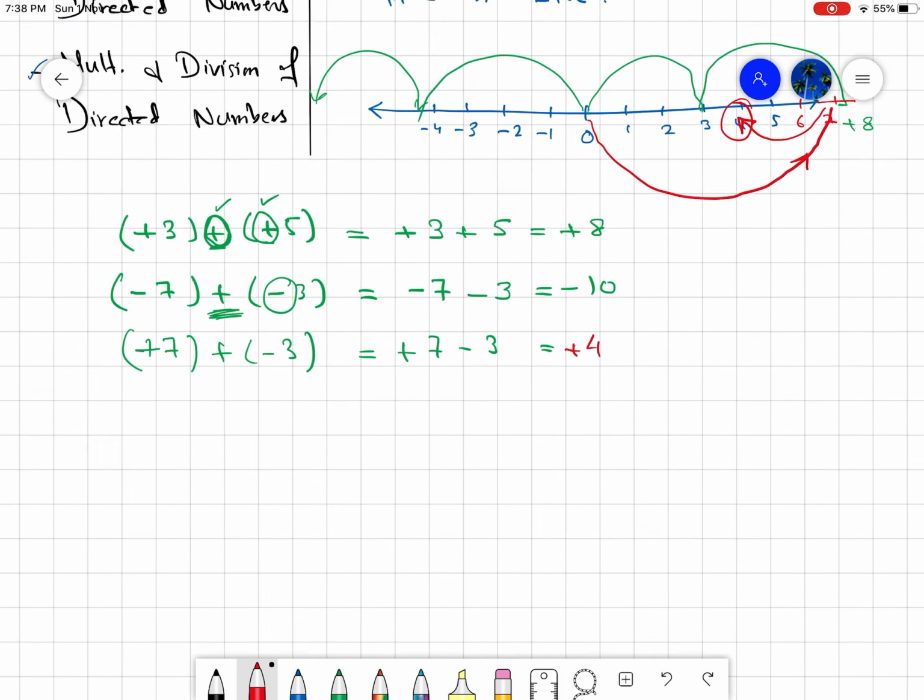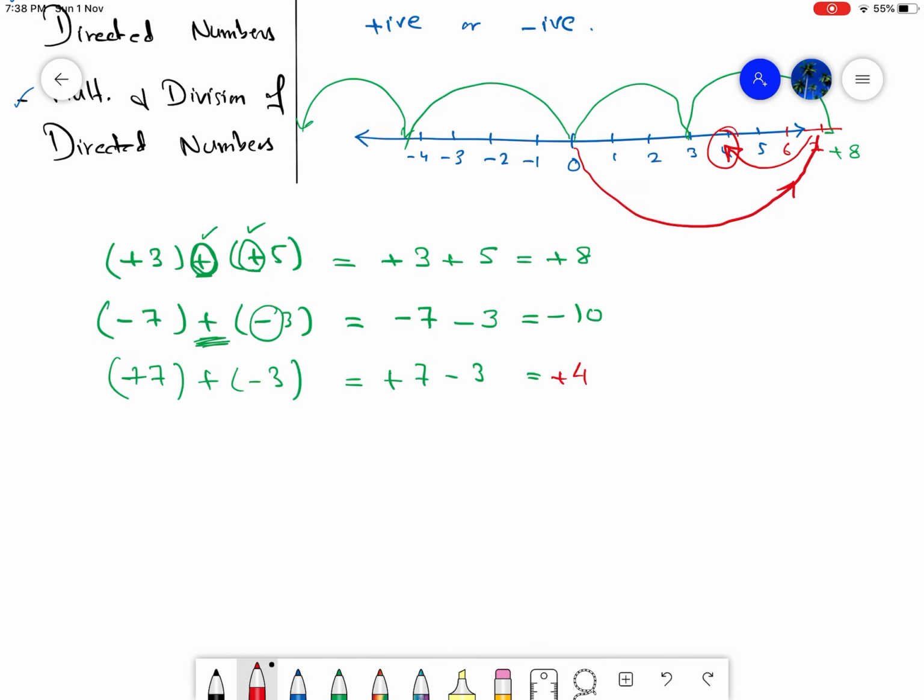So in order to subtract directed numbers, we can use a similar approach. For example, if we have plus 7 minus plus 5. Now plus 7, and you can see that here we have a negative sign before the bracket.